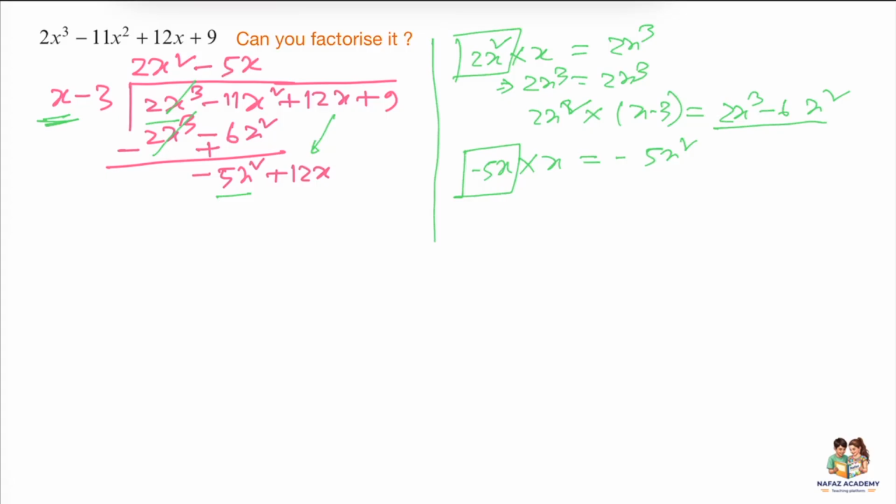Write it over here and multiply minus 5x with the divisor x minus 3. What's the result? Minus 5x squared plus 15x.